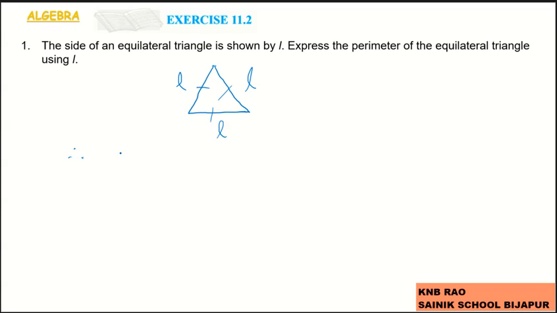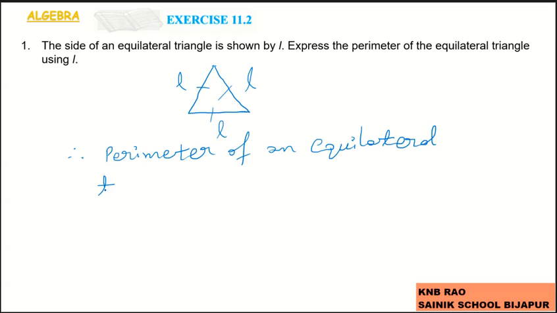Therefore, the perimeter of an equilateral triangle with the side L will be 3 times L units.